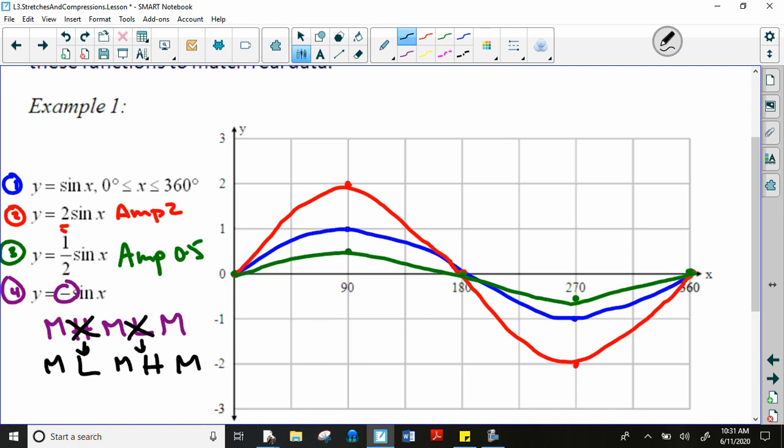The middle stays the same, but instead of going up, we're going to go down to start. Now, it's a -1, so our amplitude is 1. Amp is 1. So we'll go middle. Instead of going 90 high, we're going to go 90 low, 180 middle, 270 high, 360 middle.